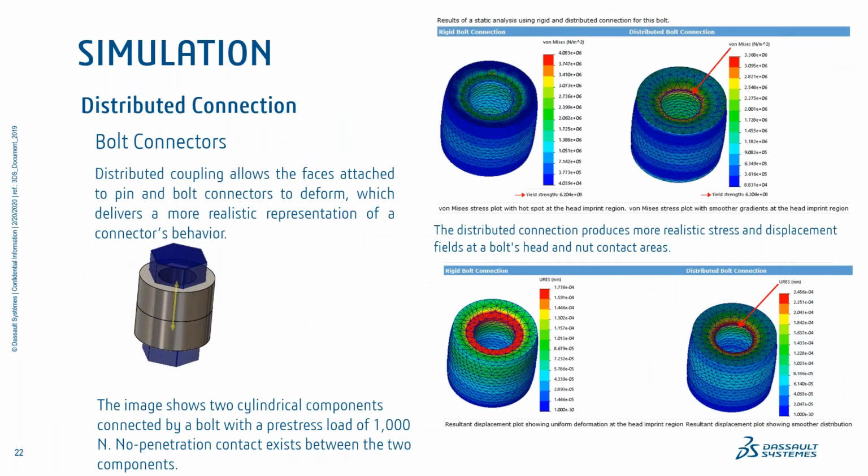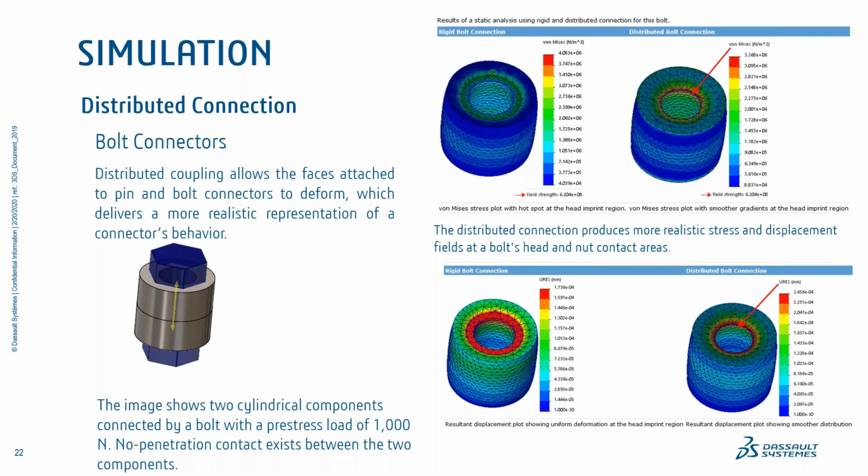One more enhancement is in the bolt connections. Whenever we work with assemblies, we connect the assembly parts through welded connections or bolt connections. Now there is a new enhancement called the distributed bolt connection.